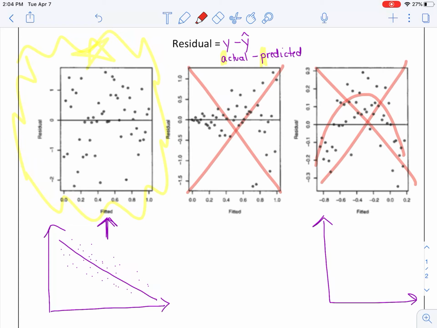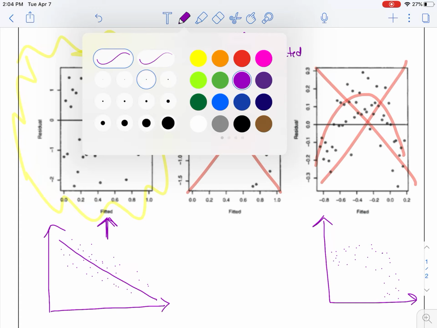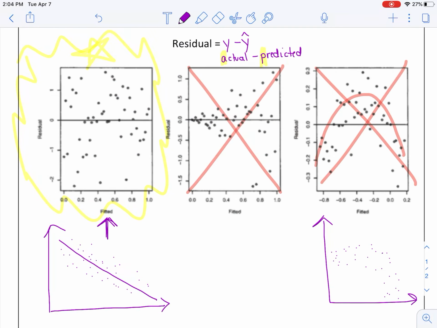There's a pattern, a curve to the residuals, which means my original one maybe looked something like this, where if you fit a line, it would have negative residuals at first, then positive residuals, then negative residuals again.